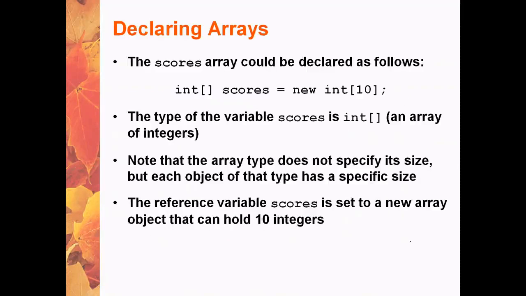Okay, let's see how an array can be declared in Java. The scores array could be declared as follows. So this is the declaration of an array in Java. We have the type, array brackets, and the name of the array. See, this is a typical declaration of an array.